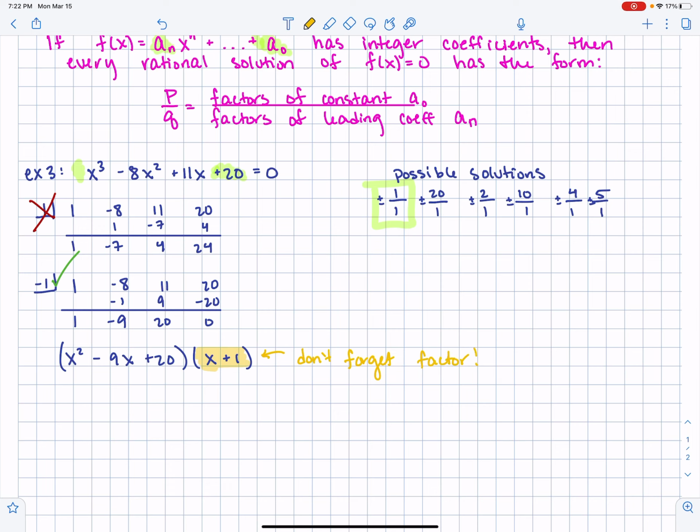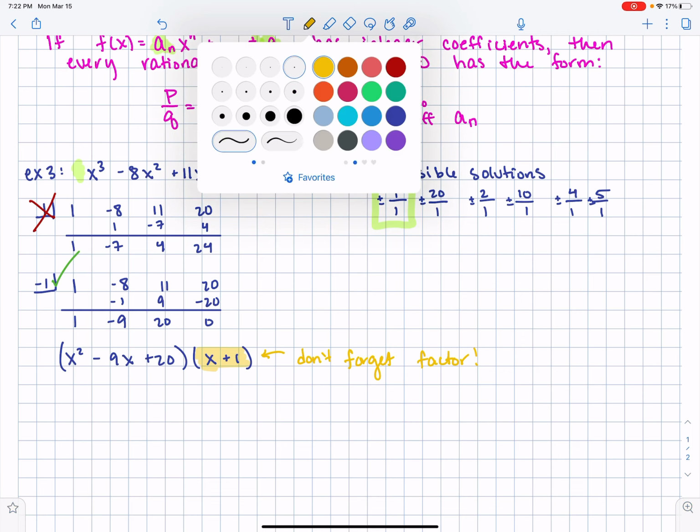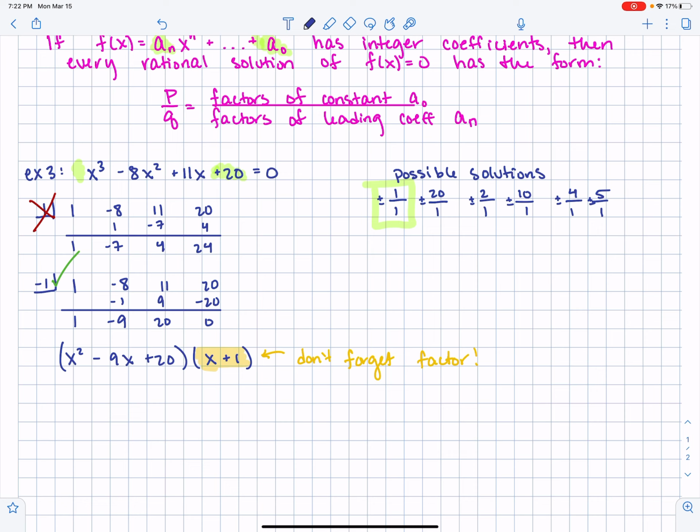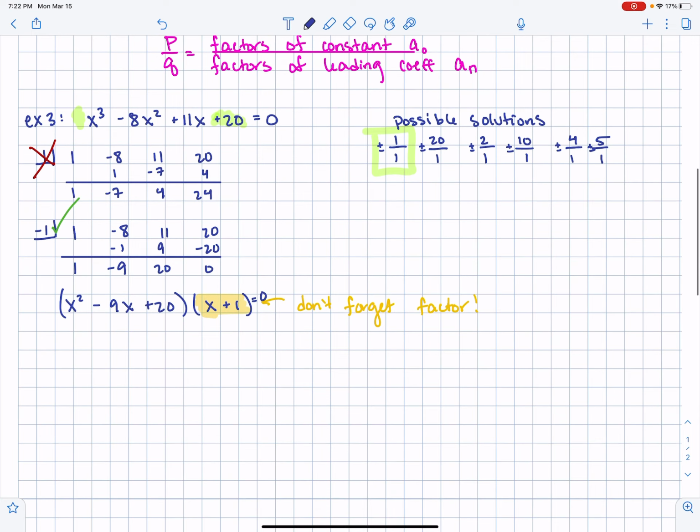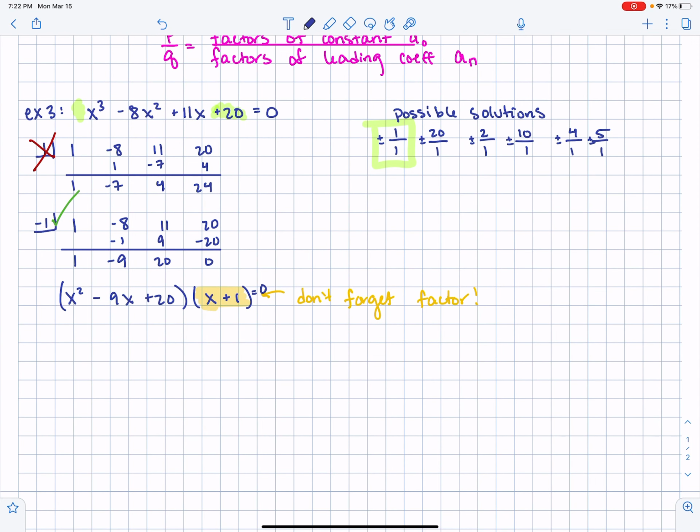Now that we've factored, this is a quadratic and a linear, so we can solve it. This is actually equal to 0 here. I'm just fitting in a lot in my little notes, I apologize. Usually they're a little bit cleaner. We can factor this quadratic a little bit more, giving us x minus 4 and x minus 5, and again x plus 1 equals 0.